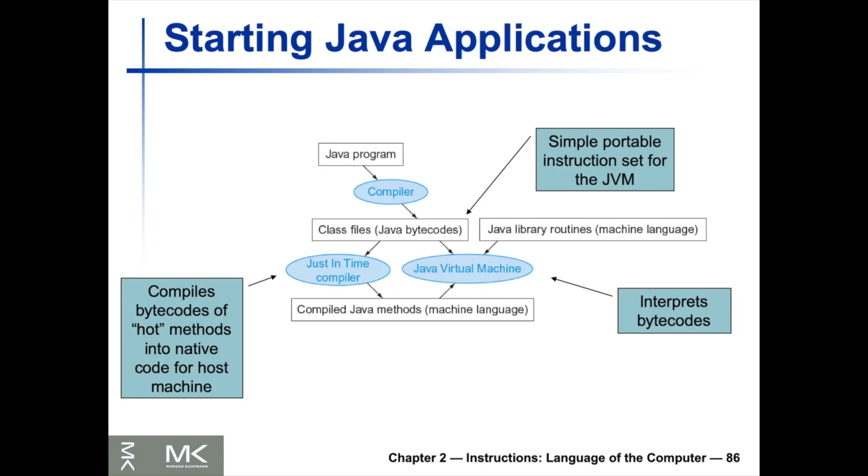Now let's see how a Java program works here. Just like C in Java, the only difference is that instead of a conventional compiler, it uses a just-in-time compiler. A just-in-time, or JIT, compiler normally profiles the running program to find where the hot functions or hot routines are, the ones that need to be run more often, and then compiles them into native instructions while the code is running.